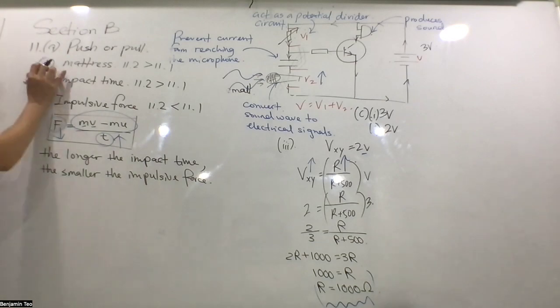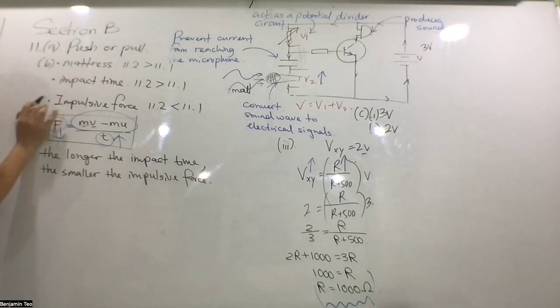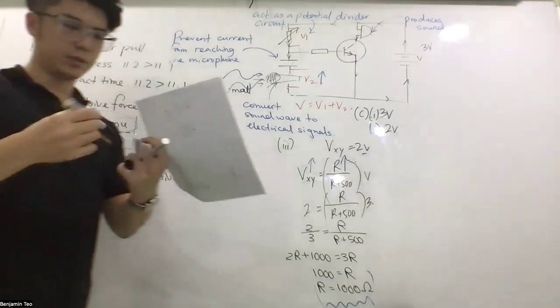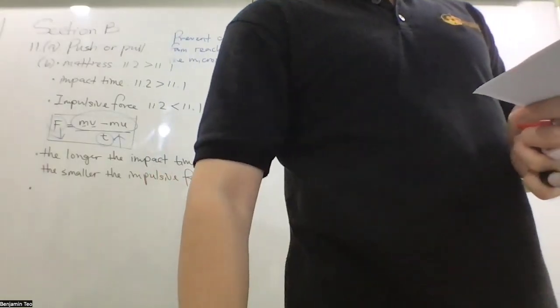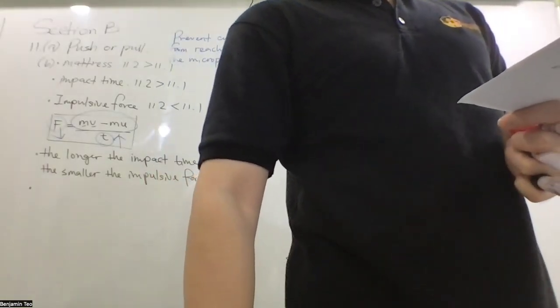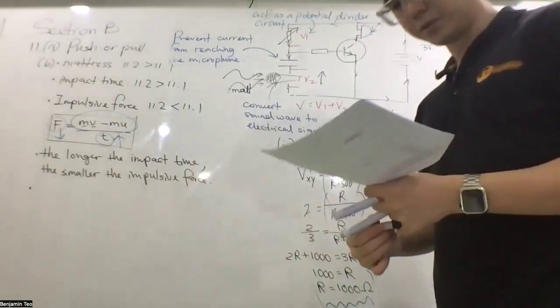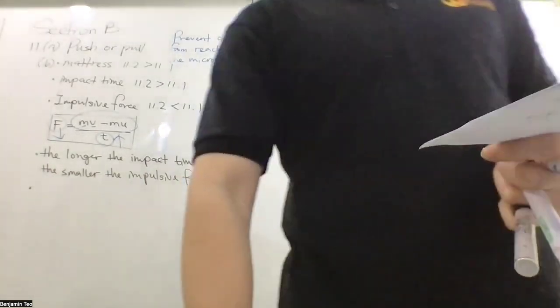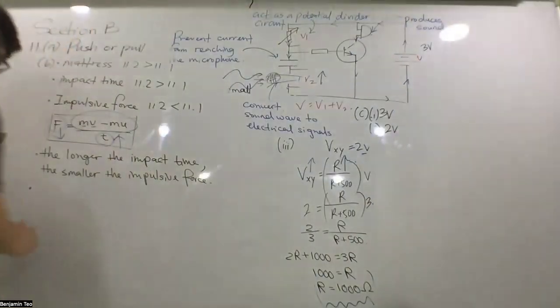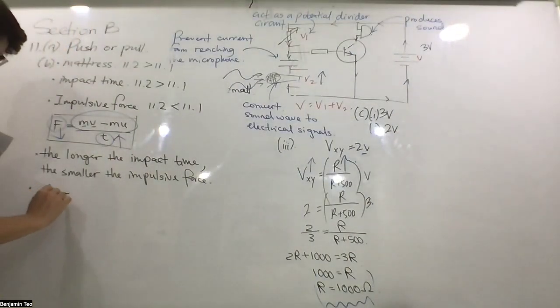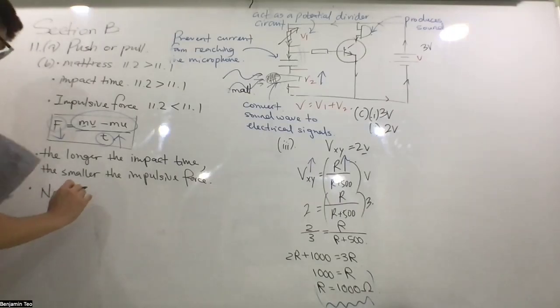This is point number 4. And if you read carefully, there's one more instruction, which is name the law involved. Okay. Name the law involved. So what law is this? This one is Newton's third law of motion. Action and reaction.